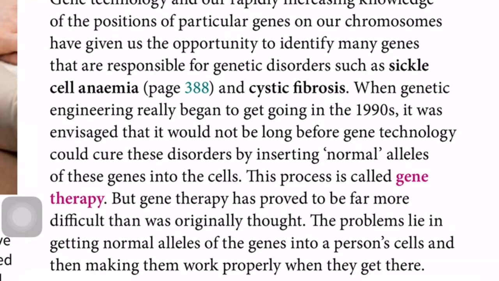Now, if we do not know the genes that are responsible and the location of the genes in the genome, we cannot know which gene is responsible for the disease. And if we do not know the problem, then we cannot find a solution for that.